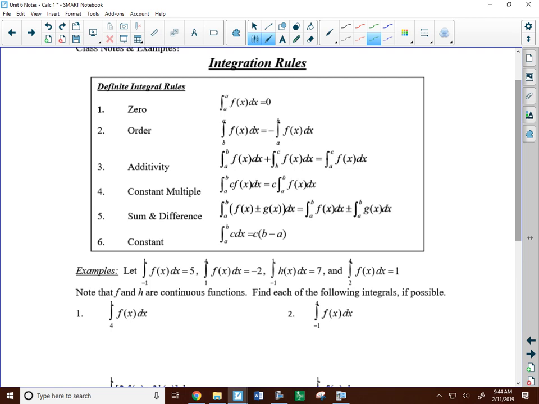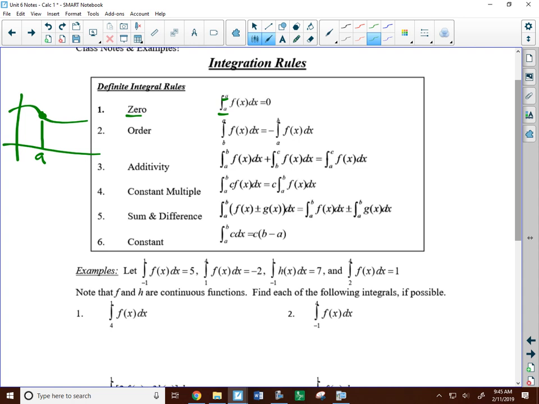Okay, so here's the first one. The 0 property for integrals. This says if you're integrating from a to a, the area under the curve is 0. So if here's my function, and I want to integrate at a point, there's no area under the curve. It's just a point.